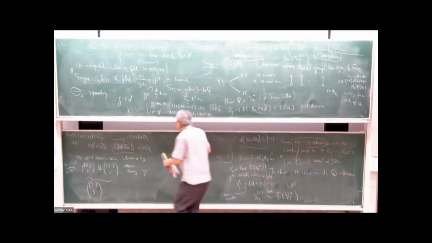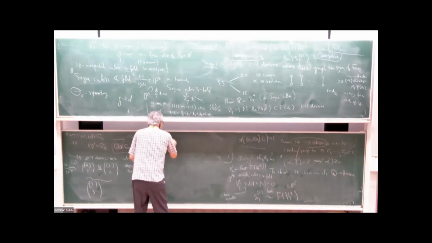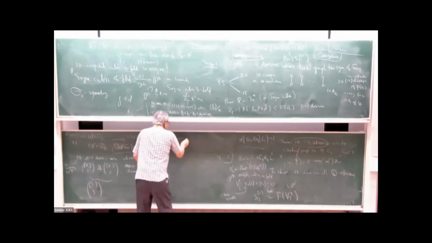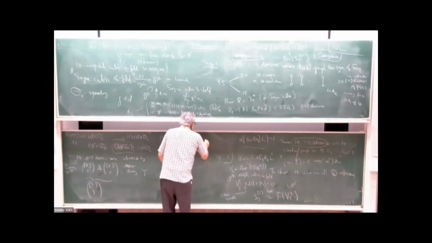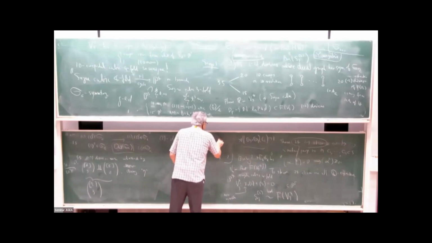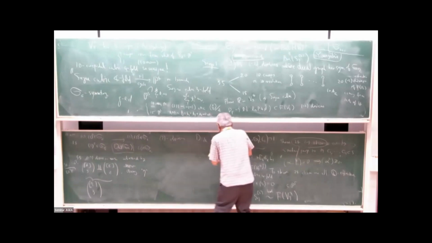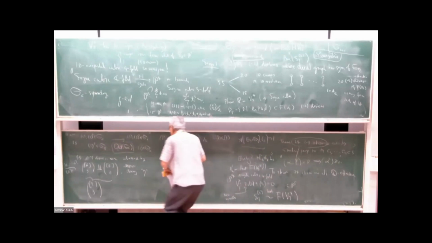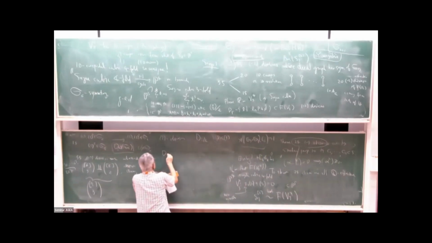So all minus 2 divisors are indexed by D_ijk, where ijk are subsets of this one. And we have the following simple intersection property.